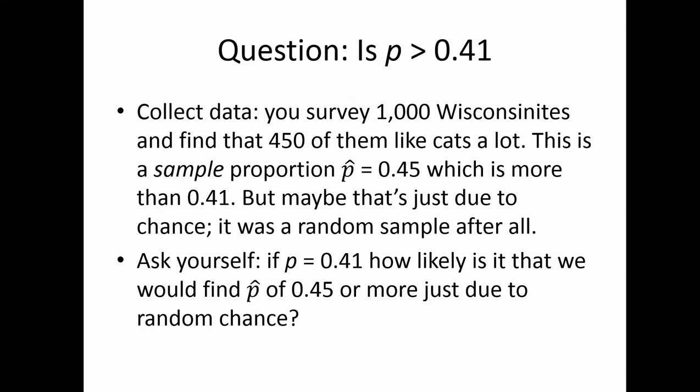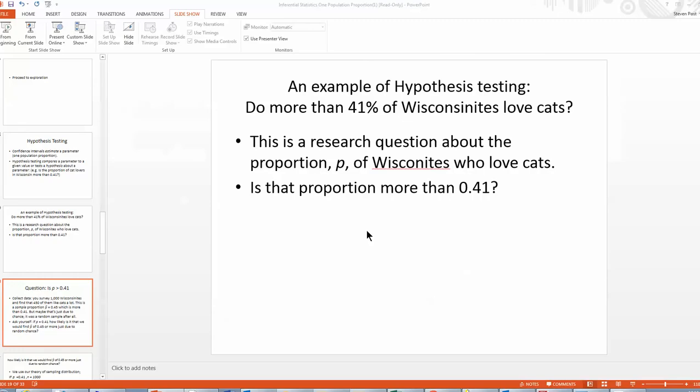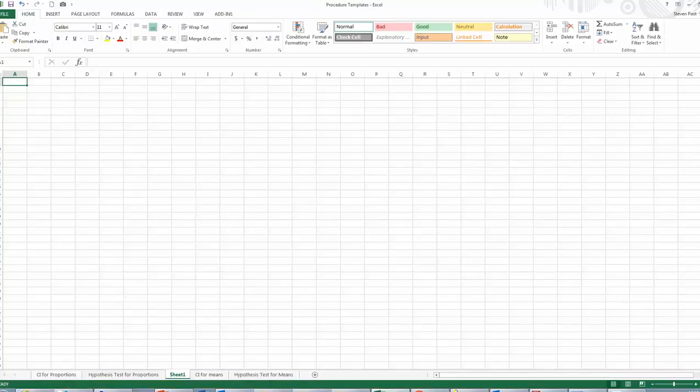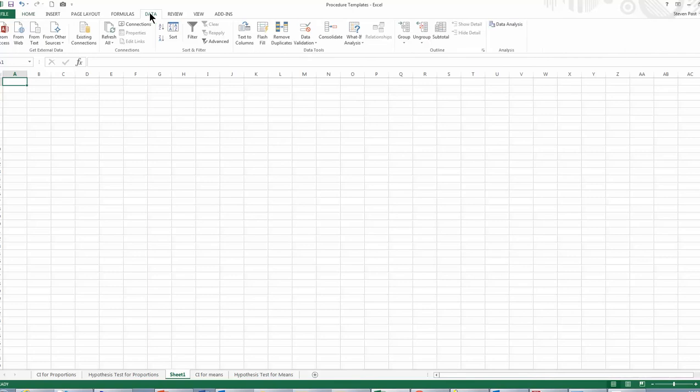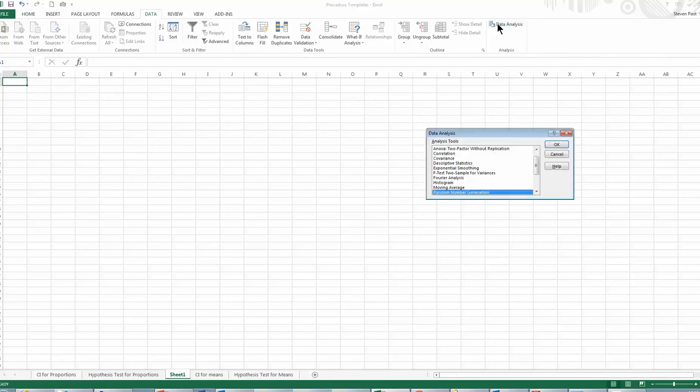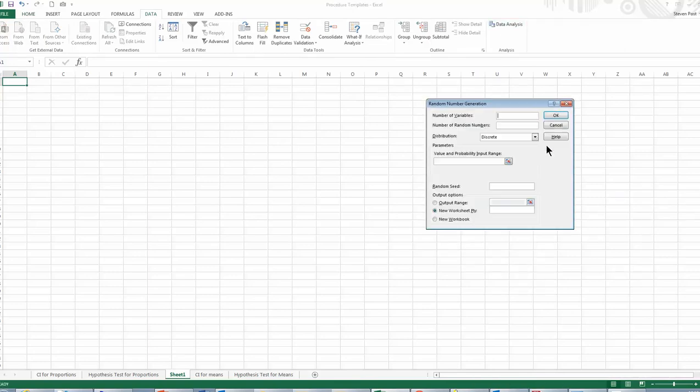So first we're going to answer this question by doing a simulation. Let's simulate a situation in which the population proportion is exactly 0.41, and we survey 1,000 people, and we're going to simulate doing that 500 times.